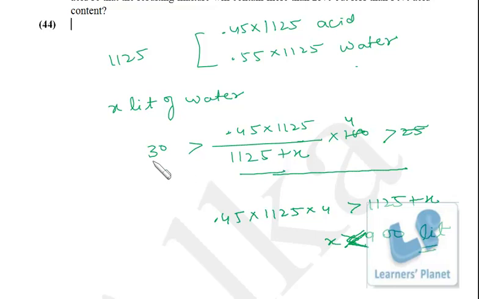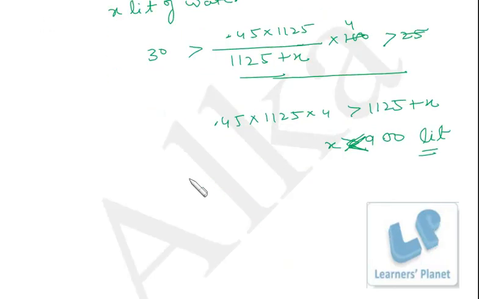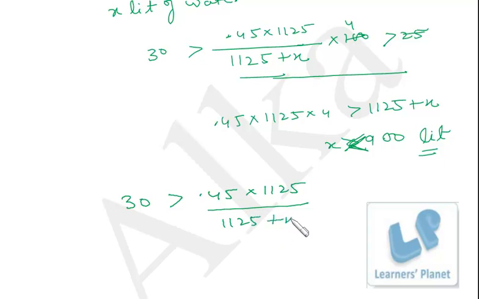Now this expression is less than 30. So I write down this is 0.45 into 1125 by 1125 plus x, right? I remove this decimal, put up 2 zeros.